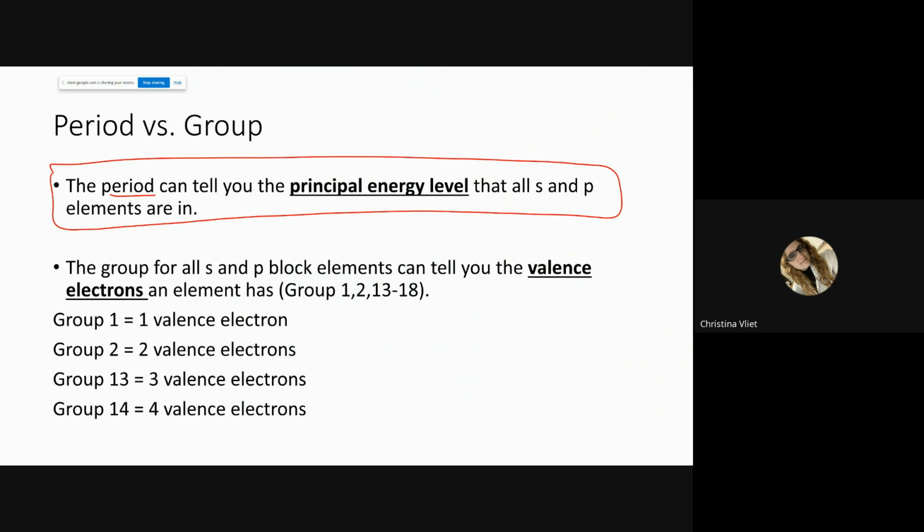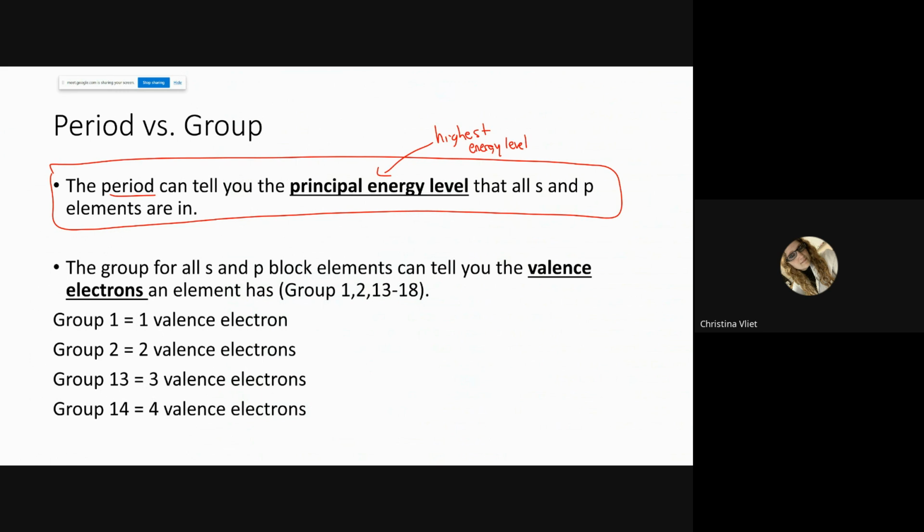It's the highest energy level for that element. So for example, I know calcium is in period 4. It goes up to energy level 4. Its electron configuration goes up to energy level 4. Its final electrons are in energy level 4. That's what the period tells me, the row.